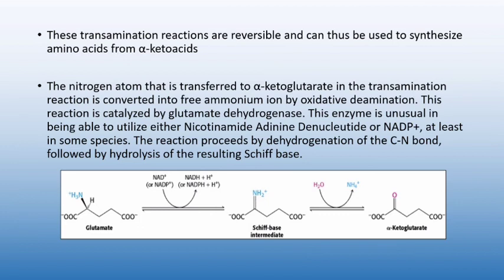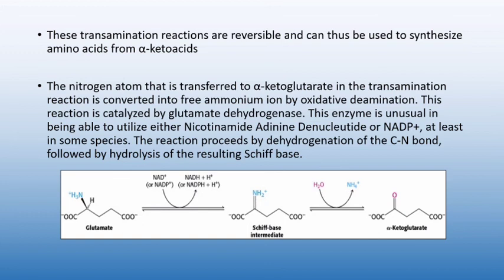The nitrogen atom that is transferred to alpha ketoglutarate in the transamination reaction is converted into free ammonium ion by oxidative deamination. This reaction is catalyzed by glutamate dehydrogenase. This enzyme is unusual in being able to utilize either nicotinamide adenine dinucleotide or nicotinamide adenine dinucleotide phosphate, at least in some species.